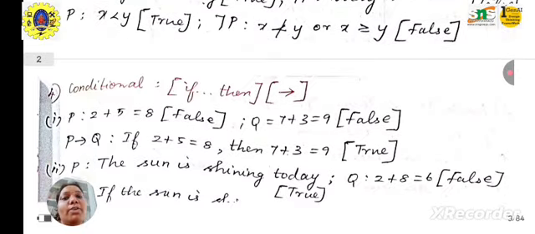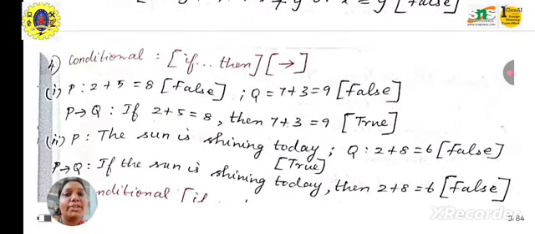Now an example in conditional. If P is 2 plus 5 equals 8, that is a false statement. The second statement, Q, is 7 plus 3 equals 9, which is also false, since 7 plus 3 is 10. So P implies Q: a false statement implying a false statement is equivalent to true.